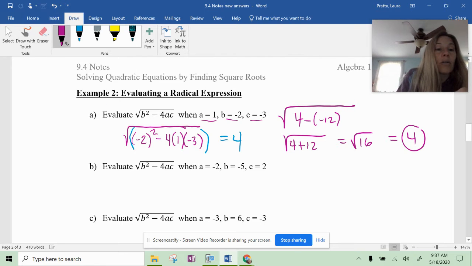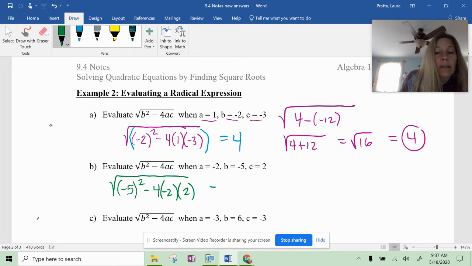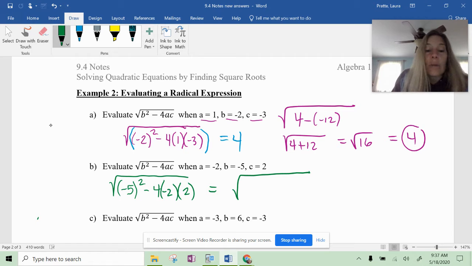All right, so let's take a look at the next one. So I'm going to put in all my numbers here. So my B is going to be -5 squared minus 4 times A, which is -2, and C, which is +2. So rather than put all that in my calculator at once with all the parentheses, I'm going to do what I can in my head. So -5 squared is +25.